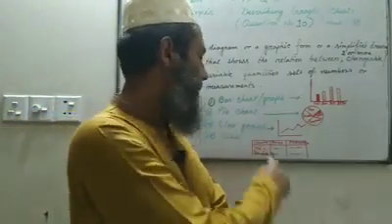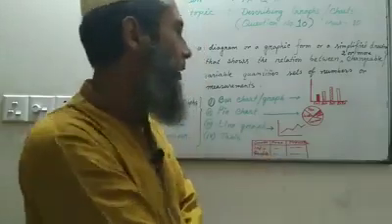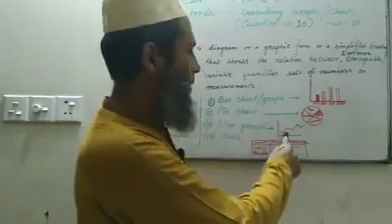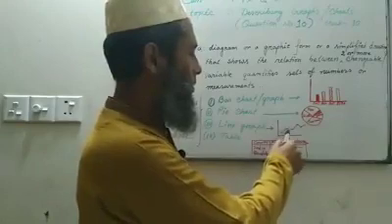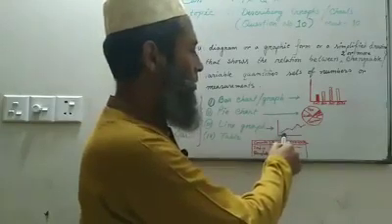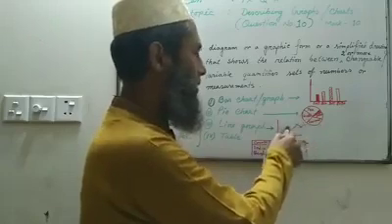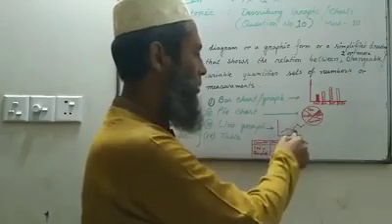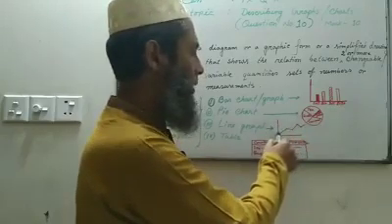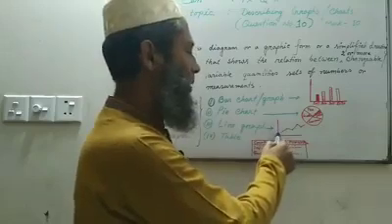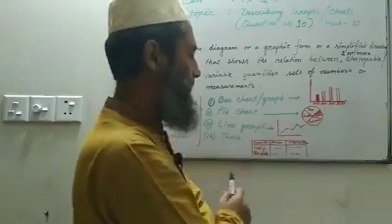Line graph. What is line graph? Line graph is also a total of some lines which are connected with dots, and line graph is like this.